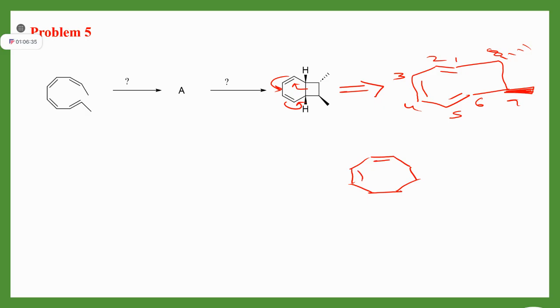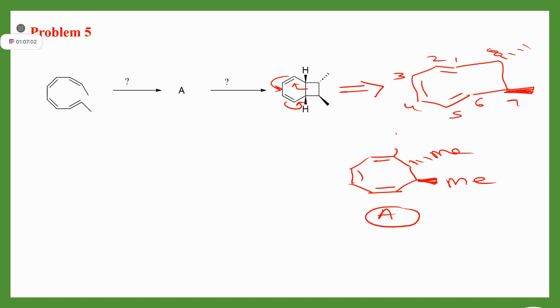So if you draw it this way, correct? This is your Me. So one thing is clear that your A is this.